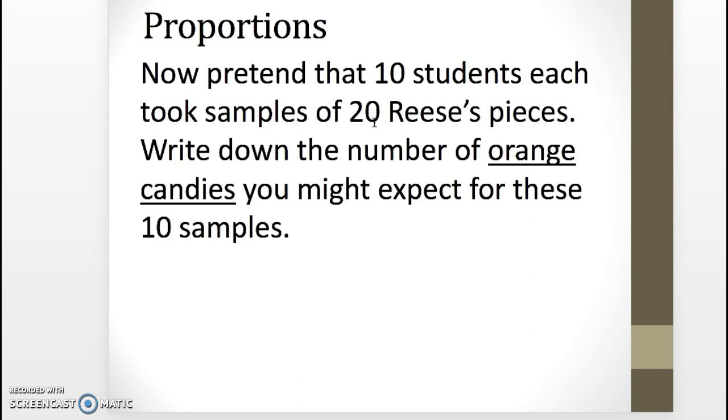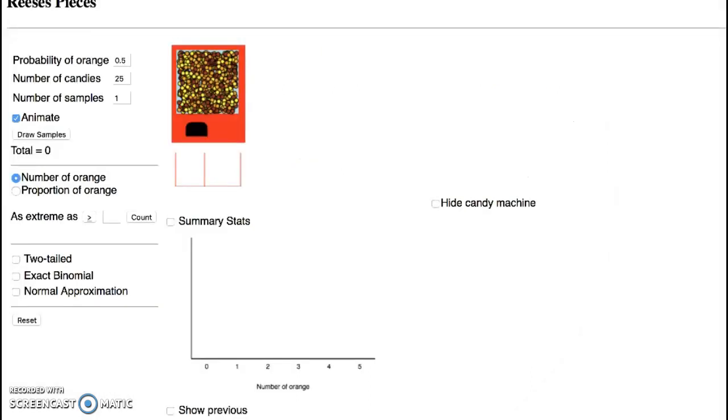What we're going to do is go to the applet now and talk about some simulations. In our applet, we can look at two things, the number of orange and the proportion of orange. So for this applet, we're going to have a candy machine that's going to churn out a sample each time and then plot either the number of orange or the proportion.